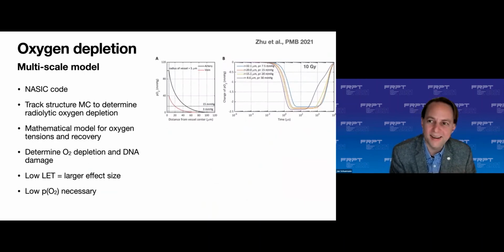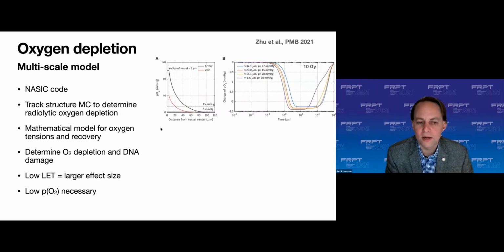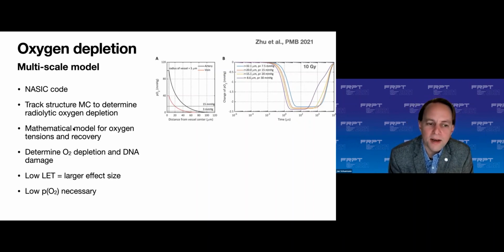She also had a study where she looked at the NASIC code, looking at track structure again to calculate the radiolytic oxygen depletion, but also adding a mathematical model for looking at the oxygen tension and recovery from nearby vessels.